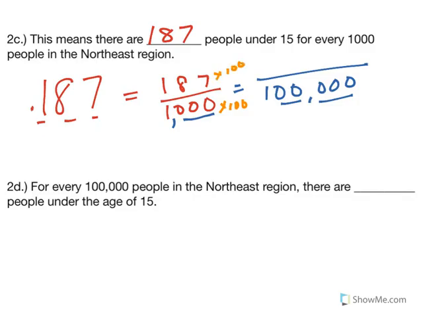So if I multiply by 100, that would give me 18,700 people under the age of 15 if you had 100,000 people. Okay, so that's kind of the context. For thousands, it's easy because you have the decimal already in that place, and then for 100,000, we're just making an equivalent fraction. Because we're dealing with a lot of zeros, that makes it a little bit easier to work with.